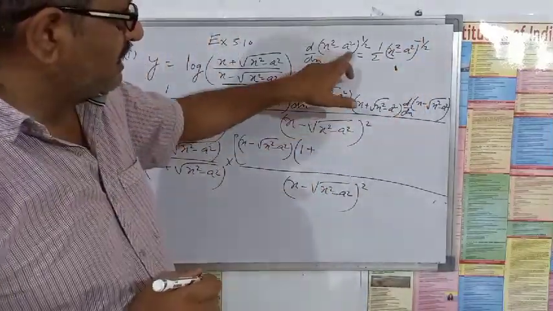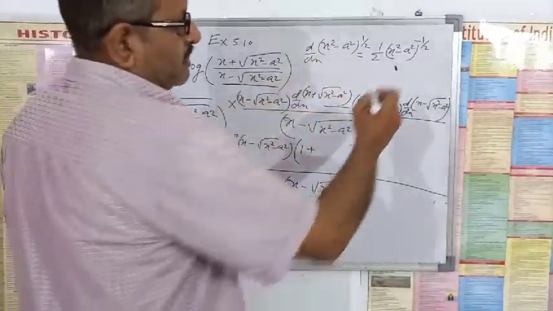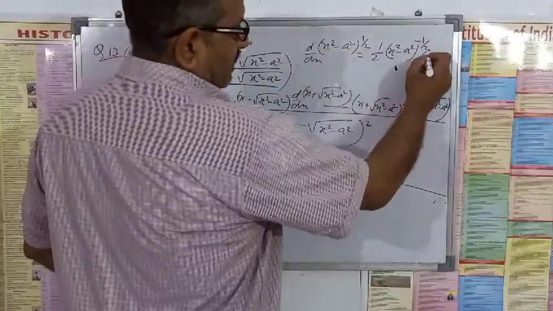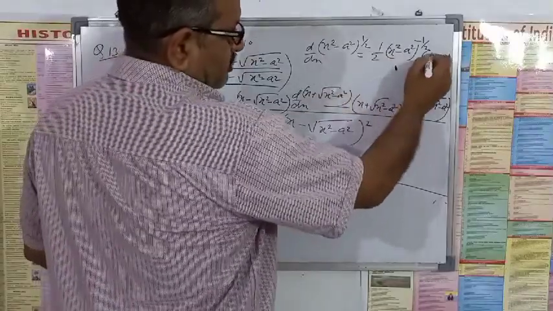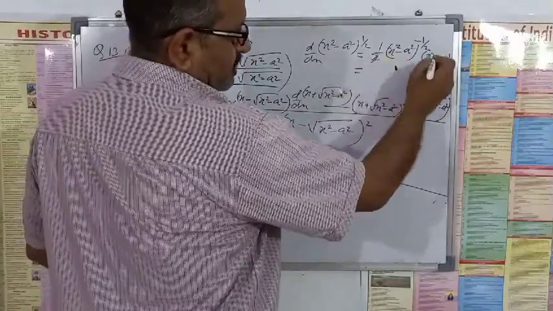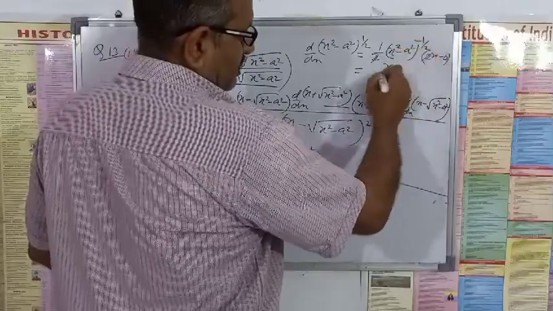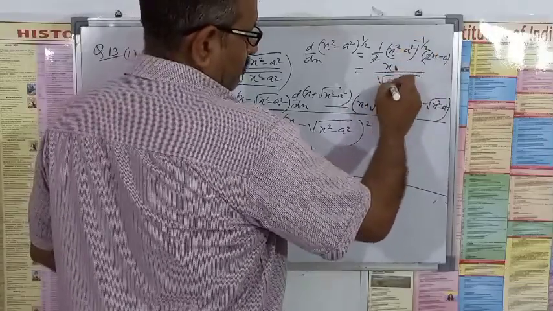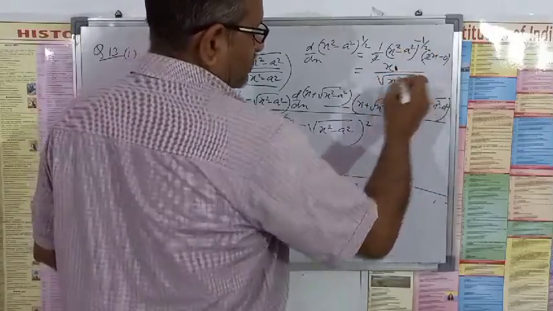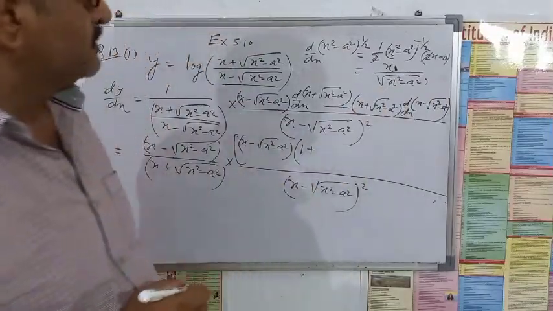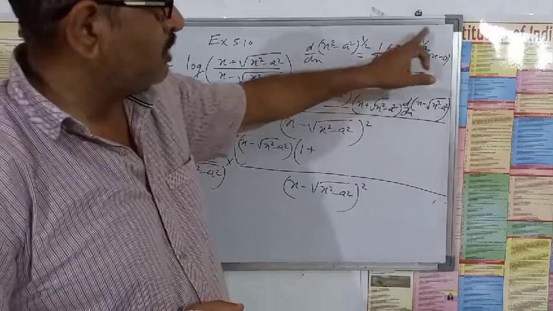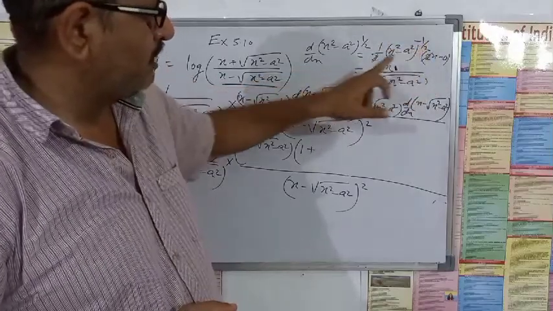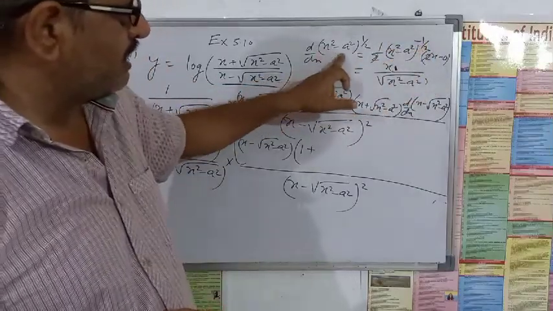And then differentiate x square minus a square. So x square derivative is 2x and a square is constant. So 2 cancel with 2. So it will be x, take it in the denominator, x upon under root x square minus a square. 1 by 2 x square minus a square, 1 by 2 minus 1, that will come minus 1 by 2, and after that differentiate this bracket.